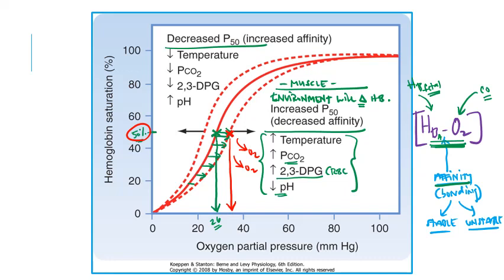So in summary, a right shift means that it is harder for oxygen to bond, and it is easier for oxygen to be released into the tissues.